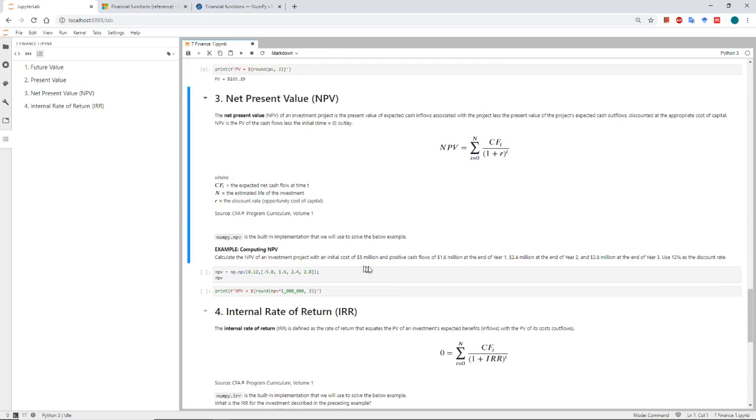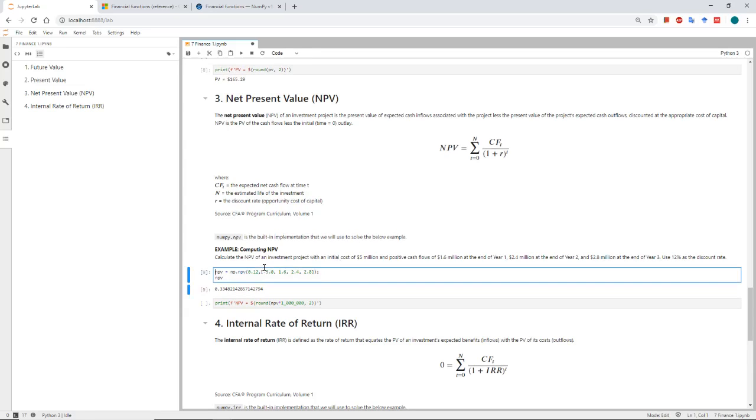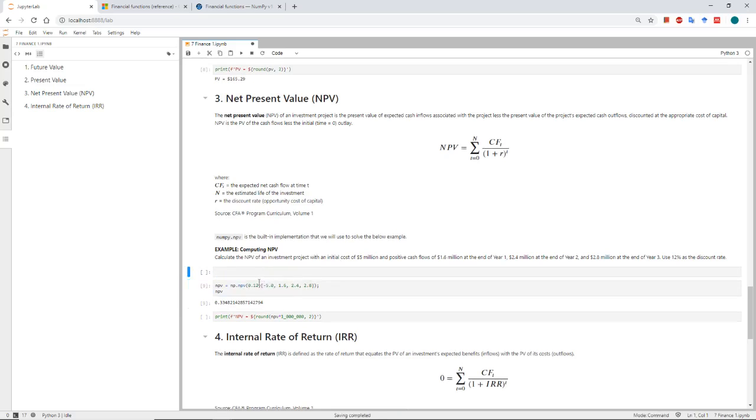At the moment, we'll use a universal discount rate. So calculate the NPV of an investment project with an initial cost of $5 million, positive cash flows of 1.6 in year 1, 2.4 in year 2, 2.8 in year 3, and use a 12% discount rate. Okay, we can run that.